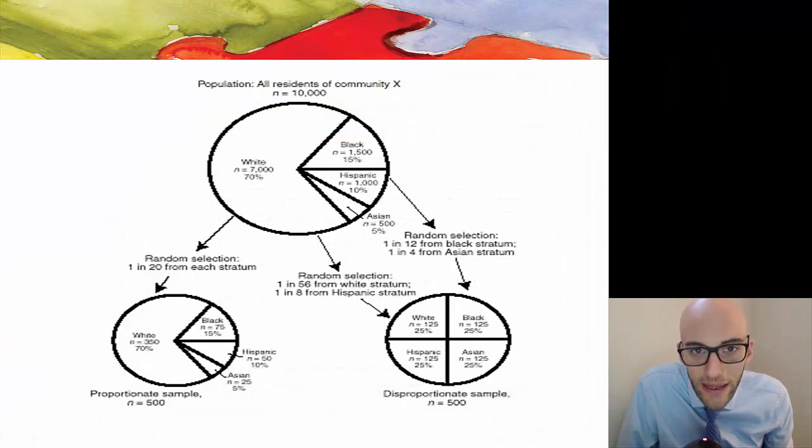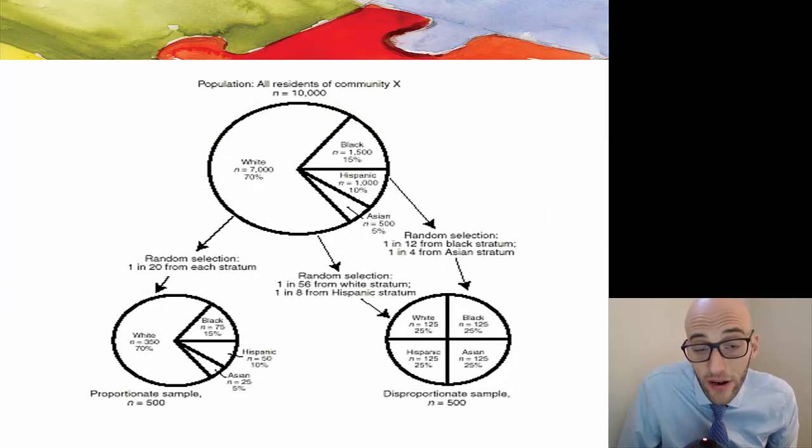So an example might be if we knew the demographics of the larger population, we could have a proportionate sample, which would be similar to the full population that we can see on top, or we could do a disproportionate sample like the bottom right, where you might want to have equal numbers of each population within your sample.